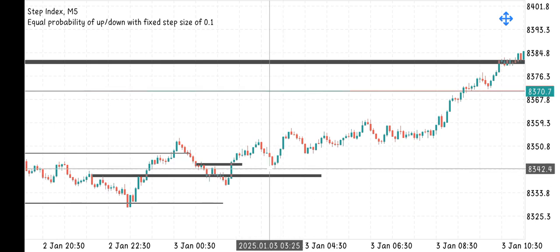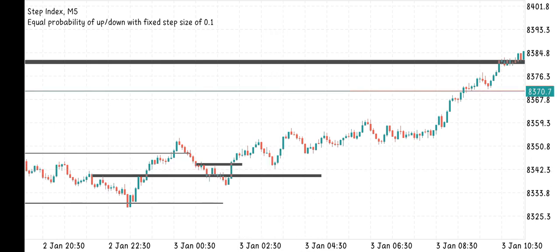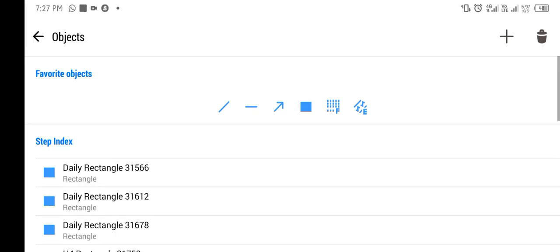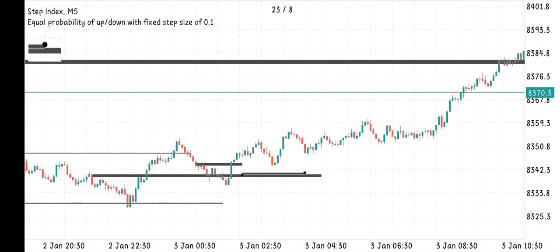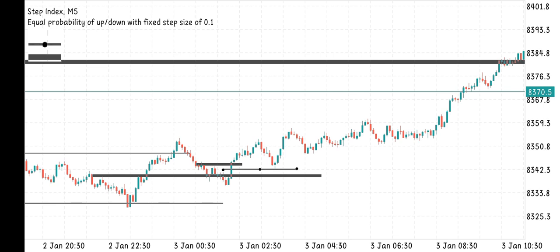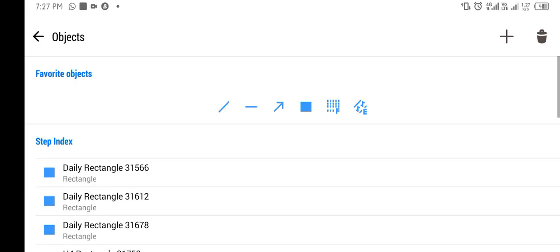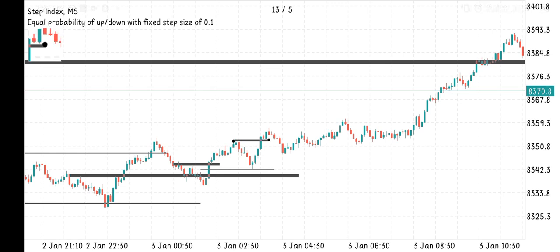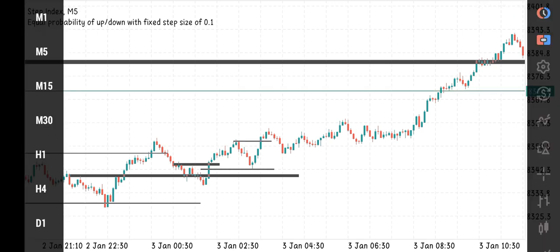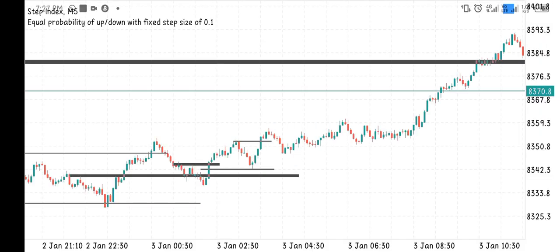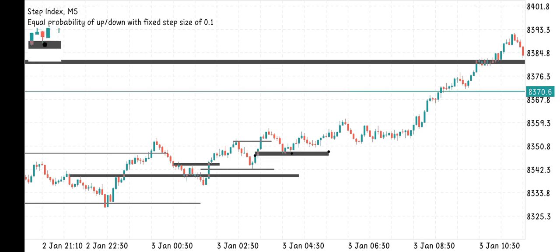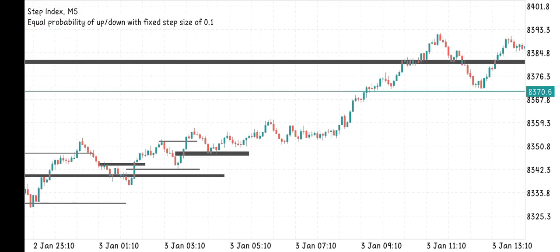That was the beginning of the entry. So I picked it around this range, and the risk was very low. It was not even a serious risk.